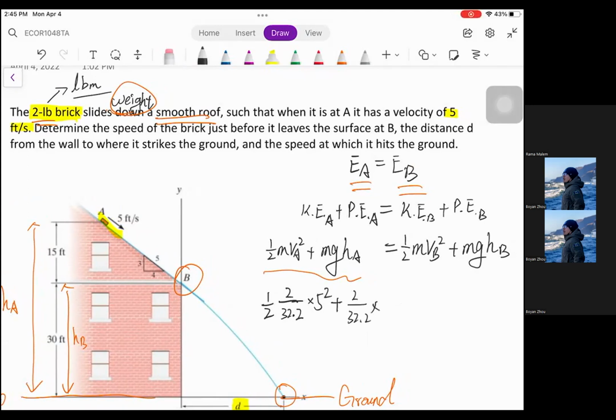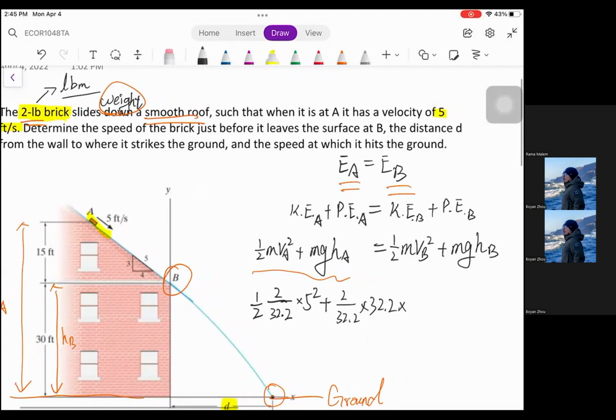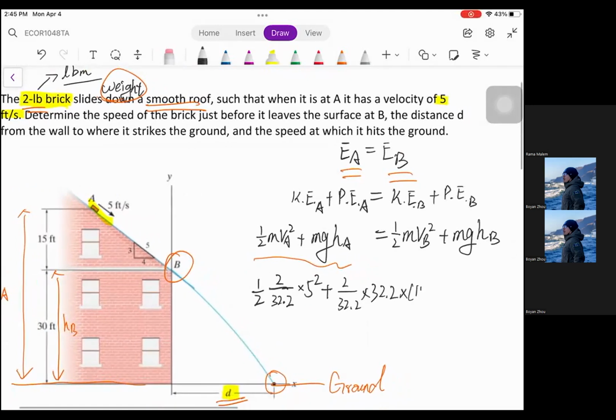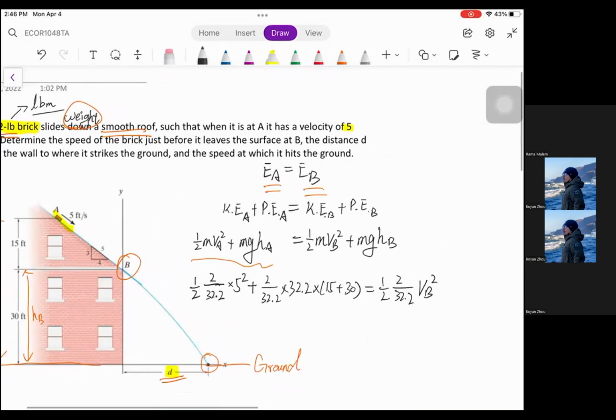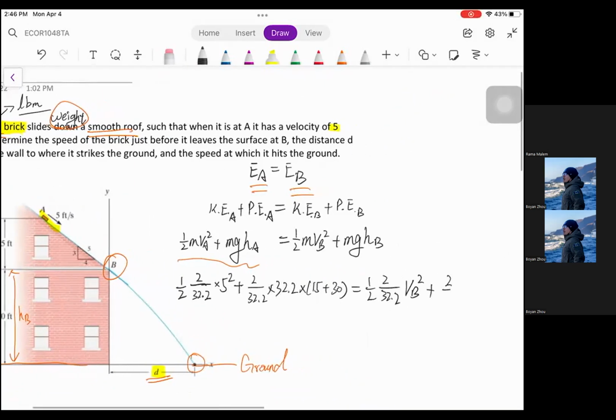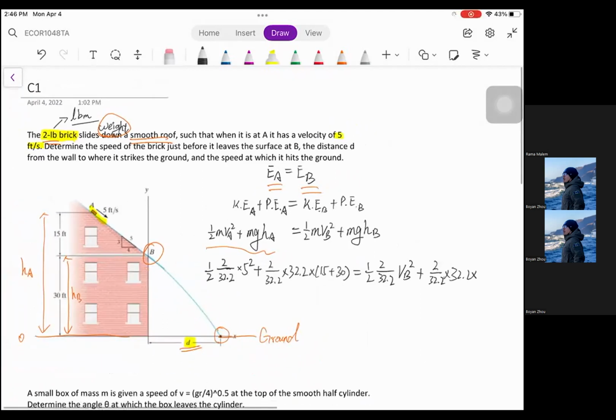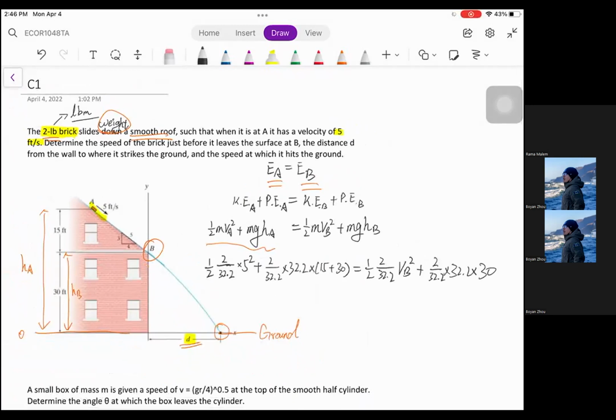Actually, for this one, it's going to be the weight itself, 2 over 32.2 times 32.2, and we times the height, so that's 15 plus 30. And it's equal to half times 2 over 32.2 times v_B, which is what we're looking for, plus 2 over 32.2 times 32.2 times h_B, that is 30 feet.